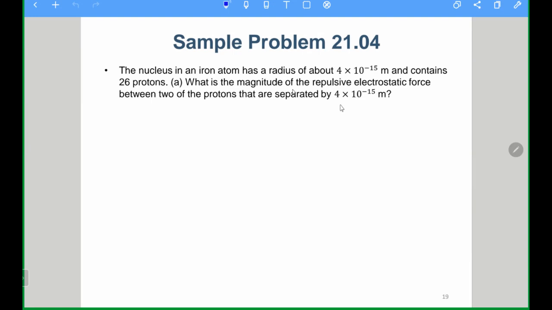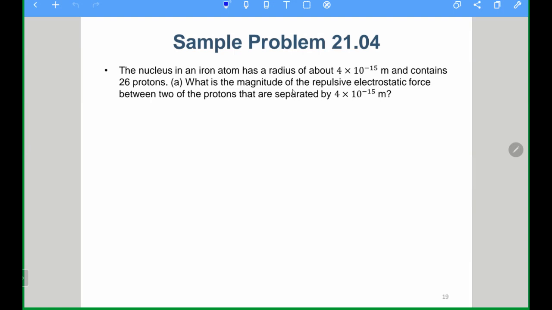Actually this sample problem is very, very easy. You just need to plug in the number in the Coulomb's law. And actually the objective of putting this sample problem is to tell you something else, something very hardcore physics. But before going to that, let us finish this sample problem first.